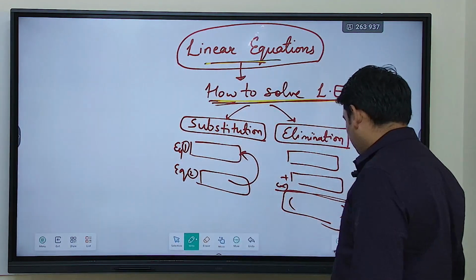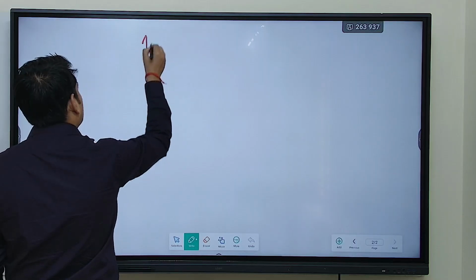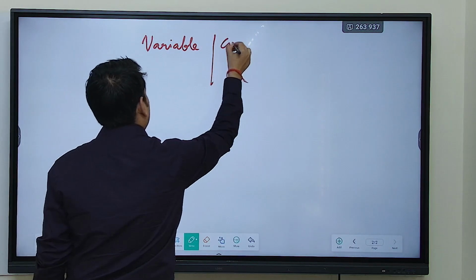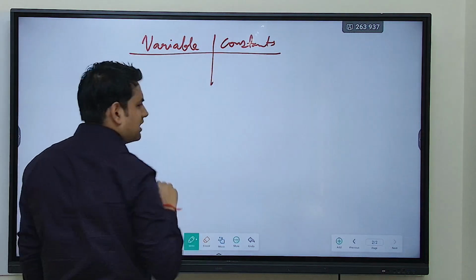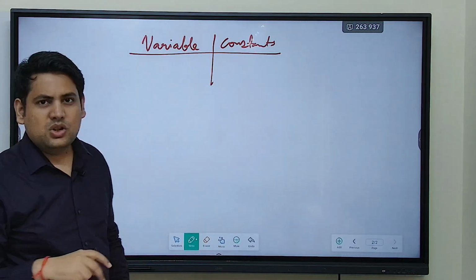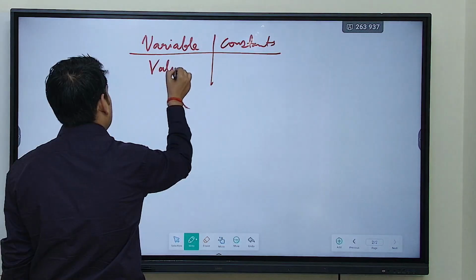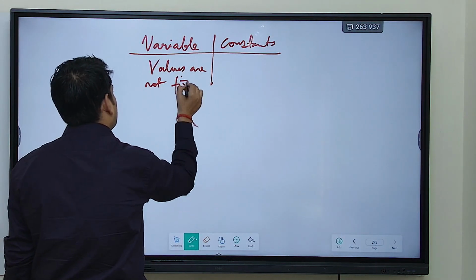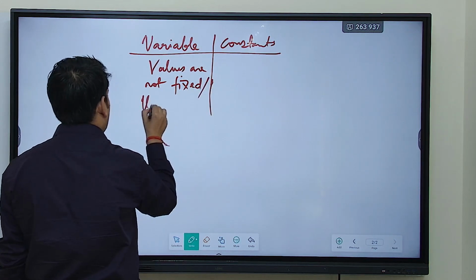Now let's see. First thing is variables and constants, or variables and numerals, whatever you want to call it. Variables are those whose values are not fixed. They may have any values, not fixed or unknown.